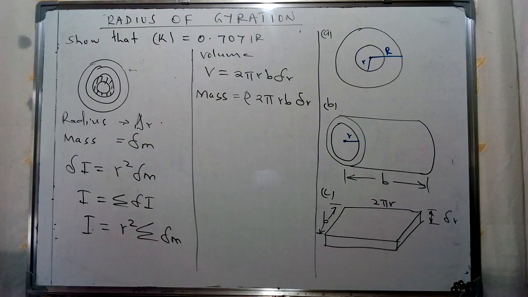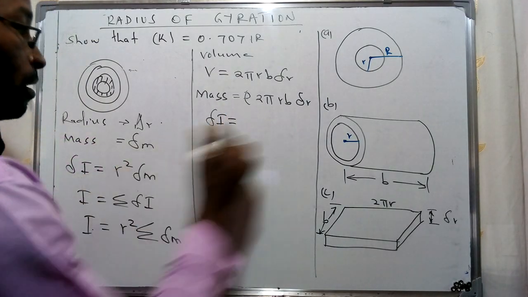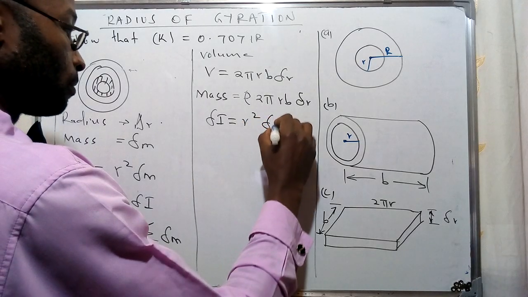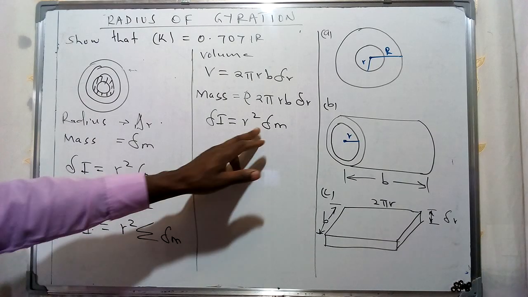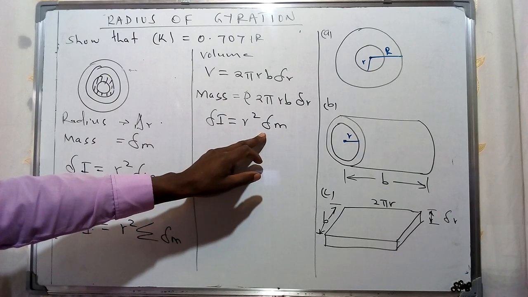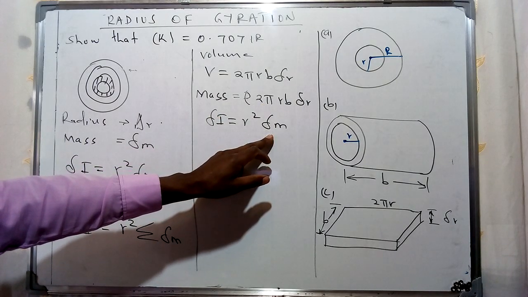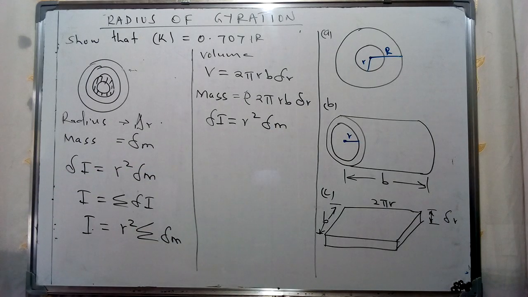So in this case, we had said that we can evaluate the moment of inertia of this small element as the product of the square of the distance or the radius and that specific element of mass. And therefore we are going to find the product between this one and this one, which is going to give us this specific aspect of what we refer to as the moment of inertia.